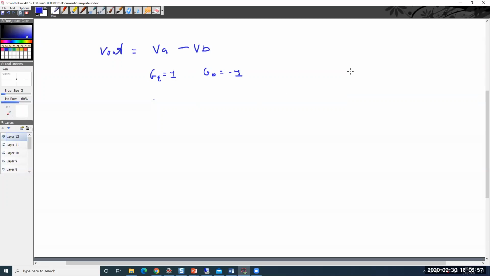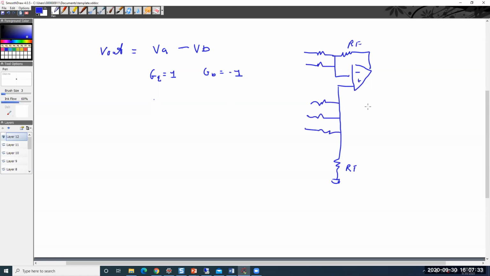And here's the rule: the gains, the positive and the negative, have to sum to 0.